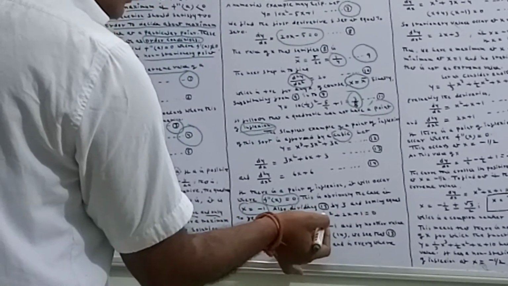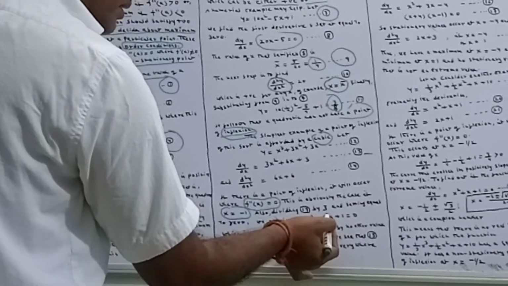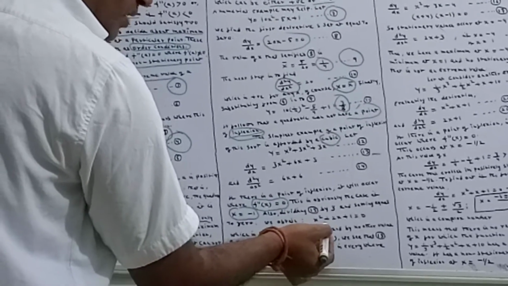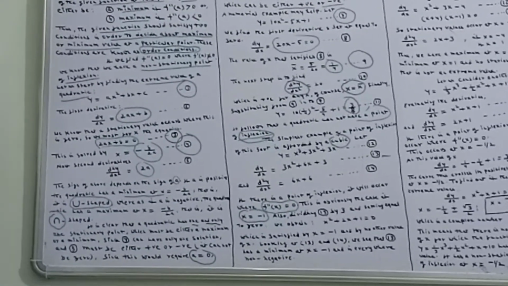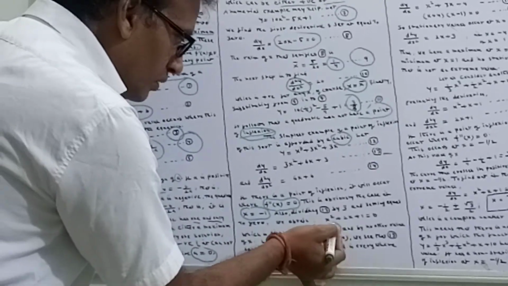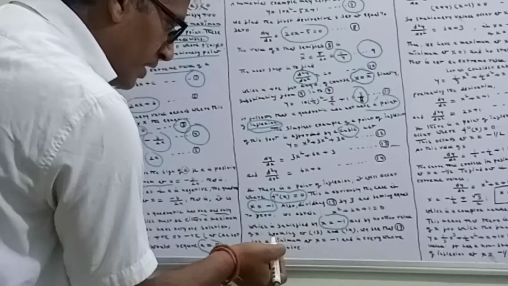Also, dividing 13 by 3 and setting it equal to 0, we obtain x squared plus 2x plus 1 equal to 0, which is satisfied by x equal to minus 1 and by no other value of x.